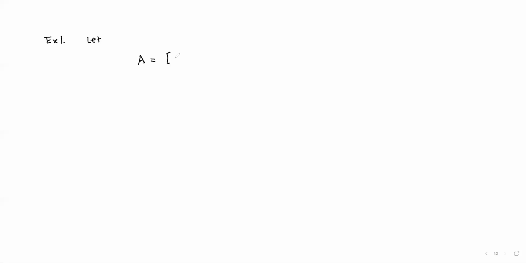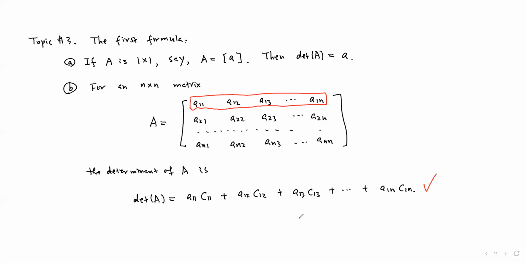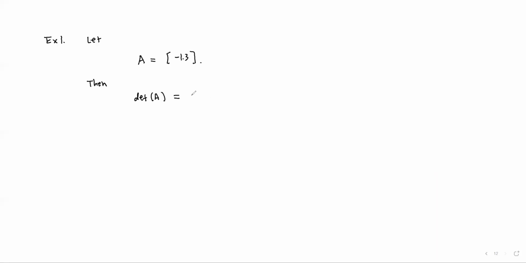The entry is negative 1.3. Then the determinant of this matrix, the formula is here: when A is 1 by 1, the determinant is the entry. So the determinant is negative 1.3. Done.